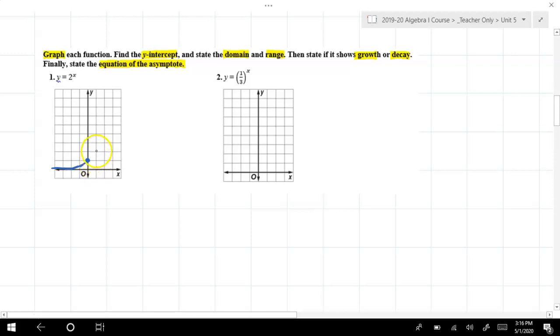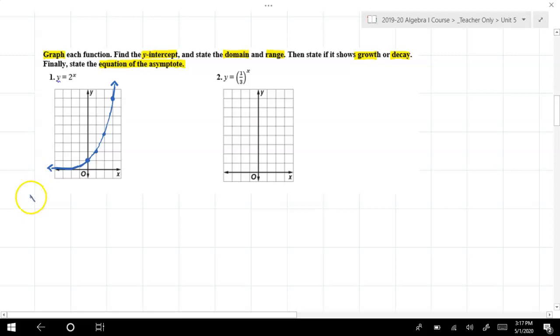Over 1 up 2, over 2 up 4, 3, 8, and that'll do it. Classic exponential, it's going to grow up really fast.